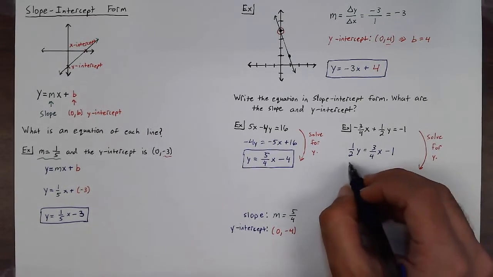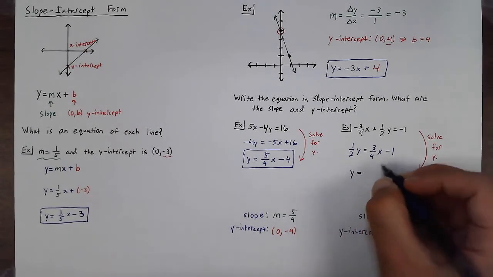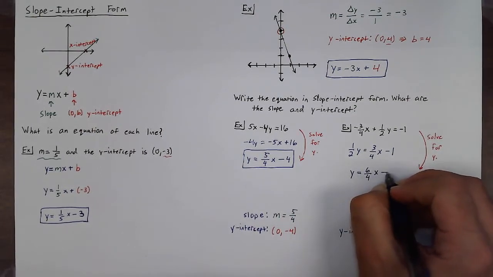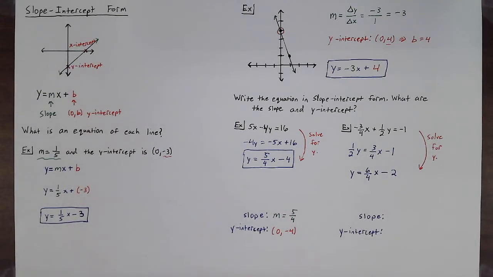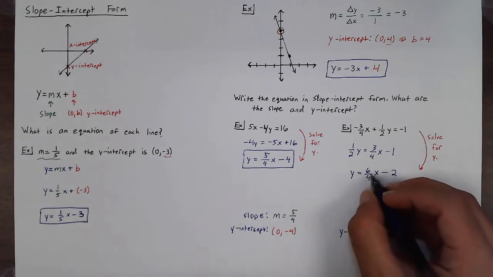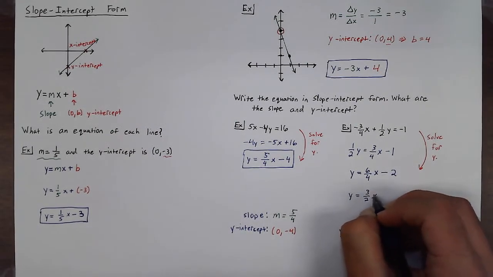So when I multiply each side by 2, I get y is equal to 3 times 2 is 6, so 6/4 x minus 1 times 2, 2. Now this is not a simplified fraction, so we're going to take one more step to simplify 6/4 to give us 3/2 x minus 2.